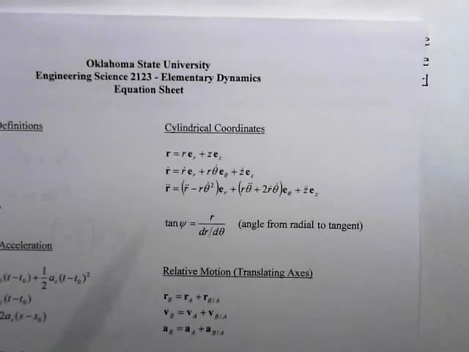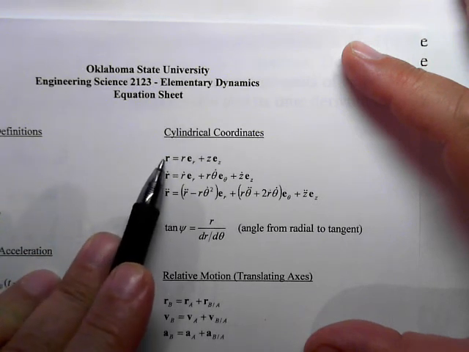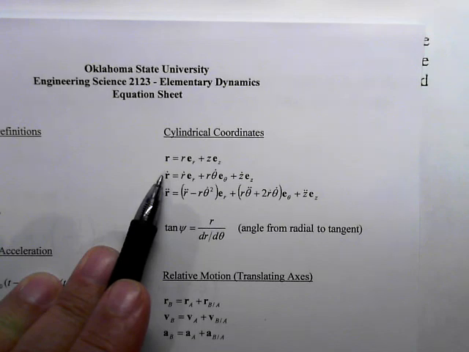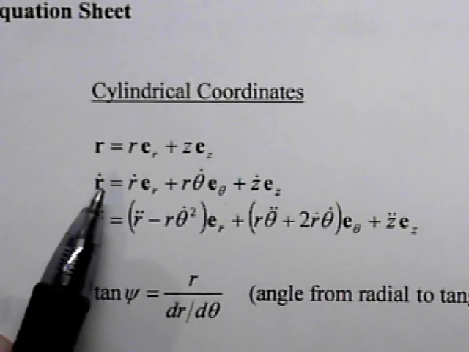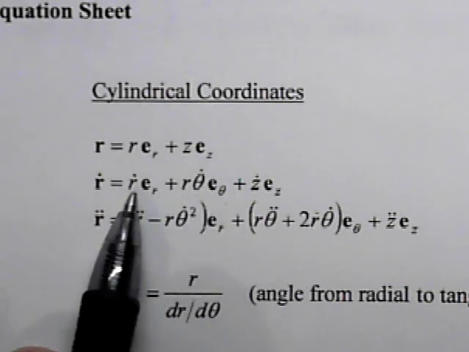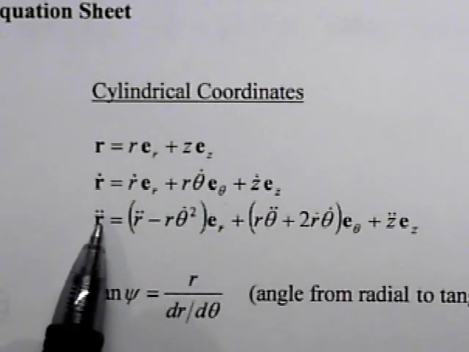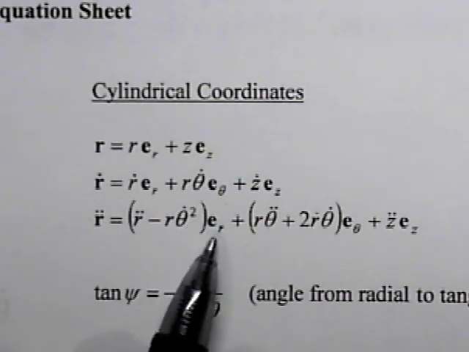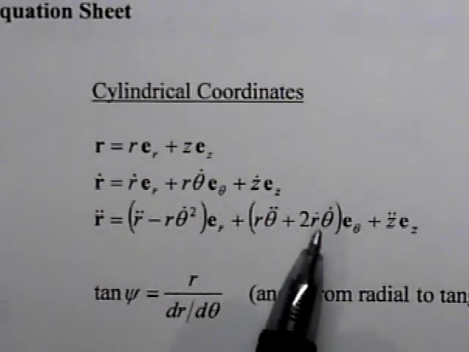Go to the equation sheet and learn how to deal with this. Here is our position r. Here is r dot. And I will zoom in a bit for a moment. We see that the velocity, r dot, has an e_r piece and an e_theta piece: the radial piece and the transverse piece. We also notice that the acceleration, r double dot, has a radial piece made up of two terms and a theta direction, or transverse, piece made up of two terms.